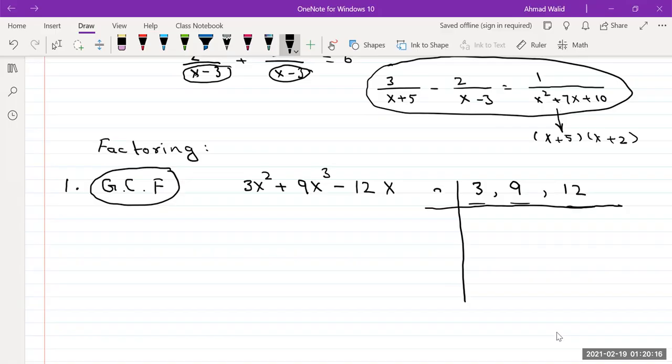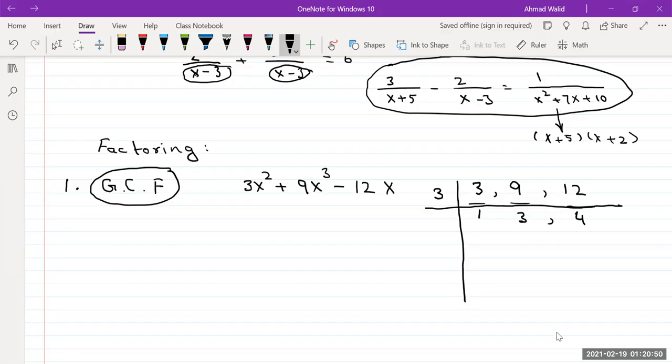The only number that all of them can be divided by is 3. 1 time, 3 times, 4 times. If you see there is another number that all of them can be divided by, continue. But if you see there is no such number that all three given numbers can be divided by, stop here. The number on the left side is your GCF.